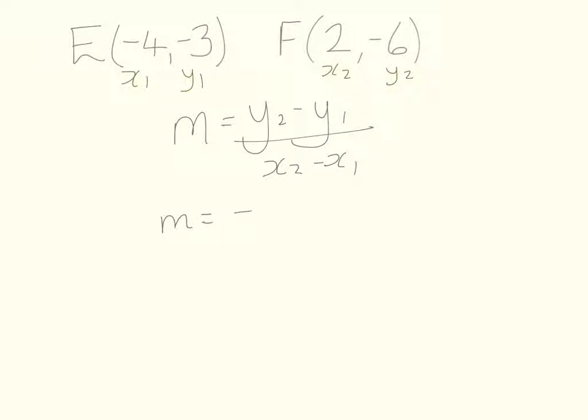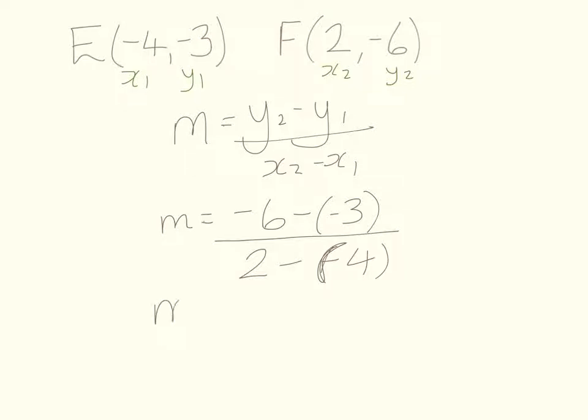y2 is -6. Then I'm taking away y1. y1 is -3. So write out what you're substituting in full. Don't try and take a shortcut and do it in too few lines. Take your time with the working. And then x2 is 2, taking away x1, so taking away -4.